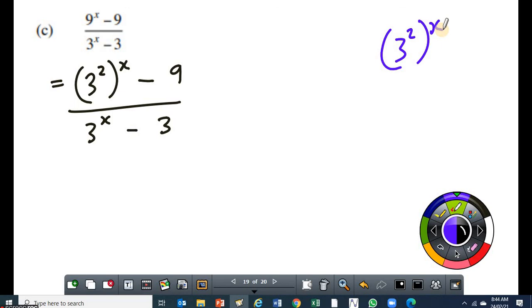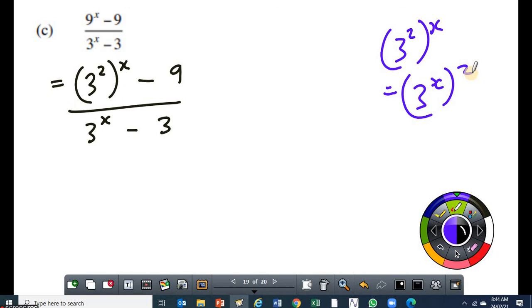We are using law number 3. Go back to the table with the laws. Don't confuse law number 3 and law 1. So this is the same as 3 to the power of x all squared. You can swap the exponents. That technique is required in some questions like this.